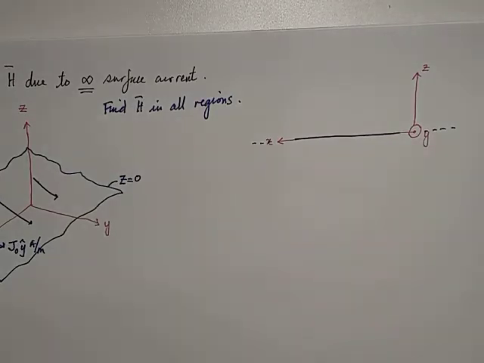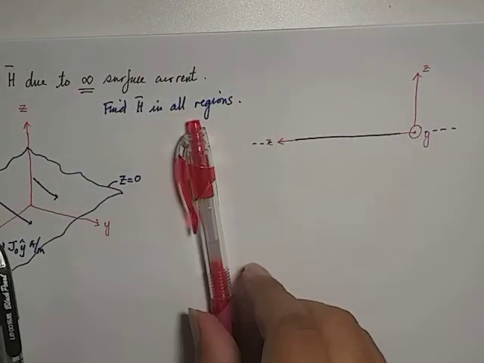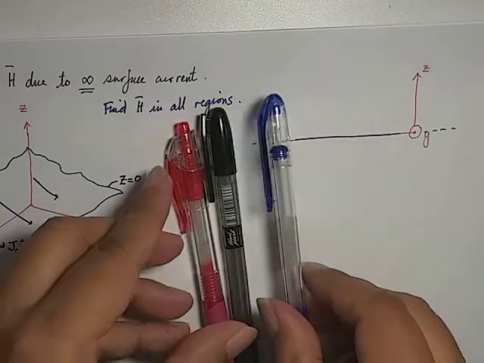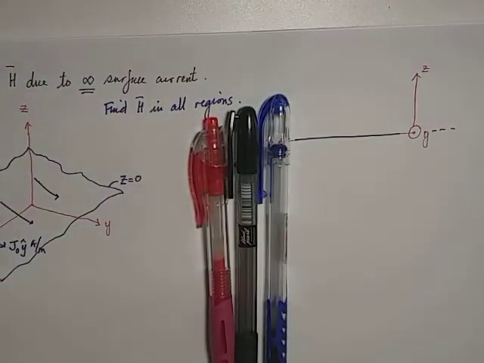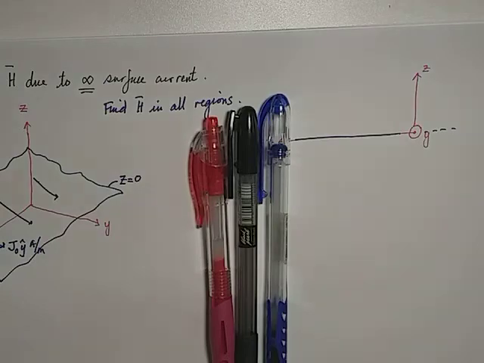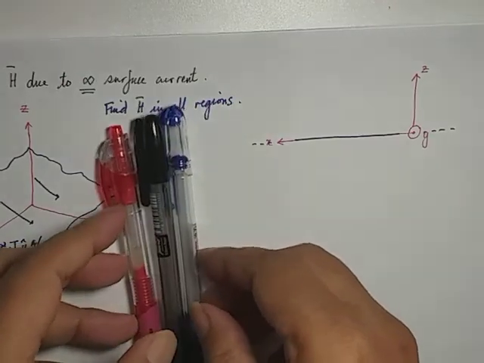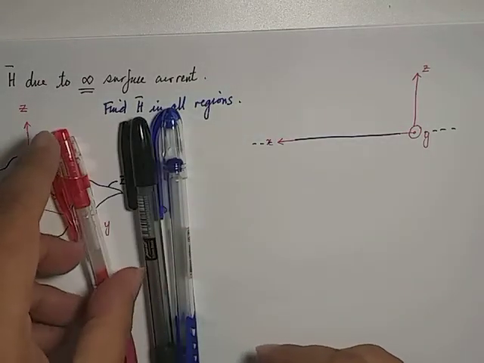Now if you assume the current here to be a combination of line currents, let's say this is one line current. If you put another line current close to it, that is going to create what we call surface current. Okay, I hope you can see the idea now. So my surface current consists of multiple line currents.